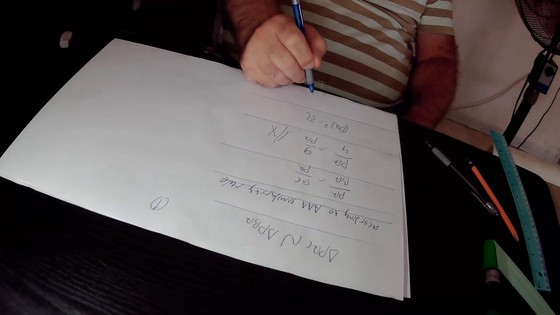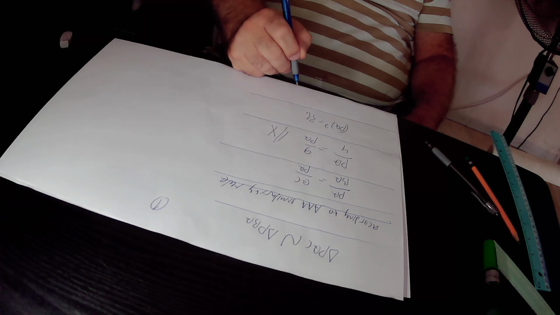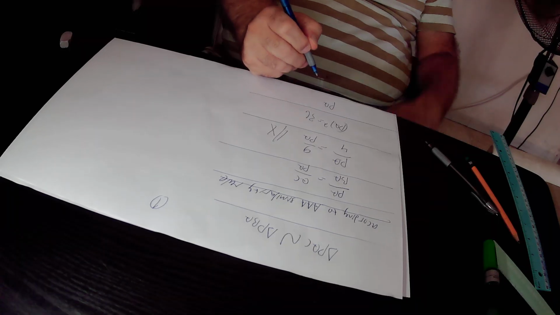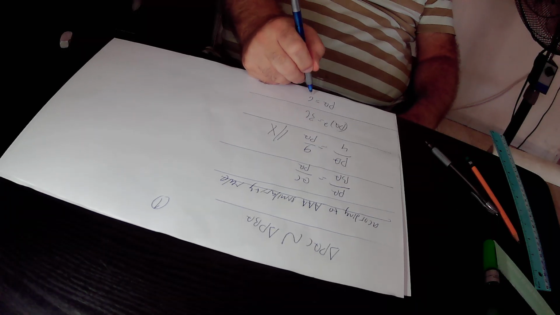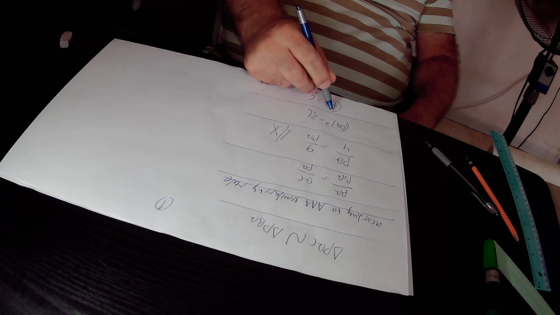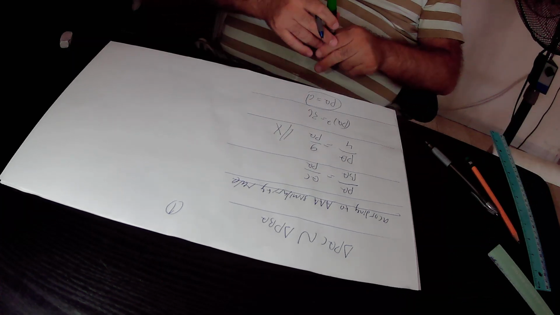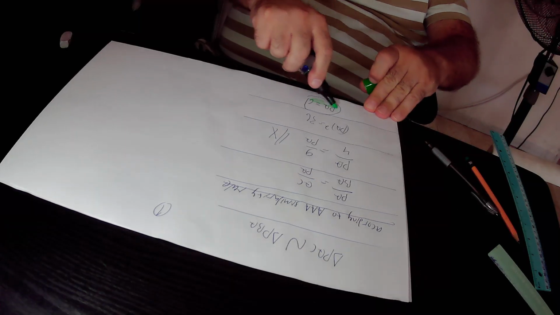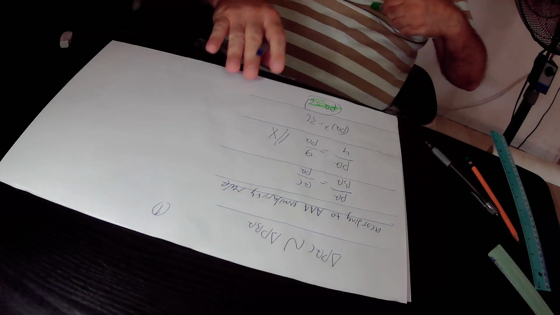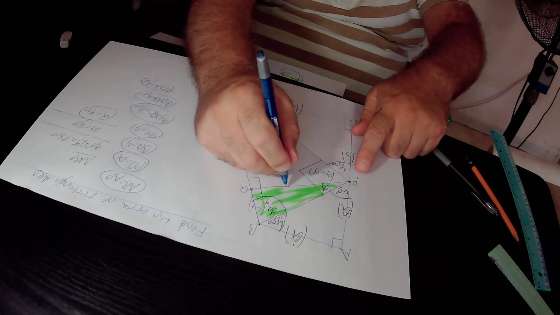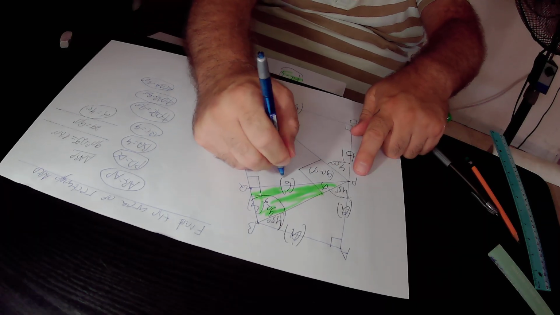So PQ squared equals 36. Here we will take the root of this equation, and finally we get that PQ equals the square root of 36, that is 6. So you find that the missing side PQ is equal to 6 units in its length.